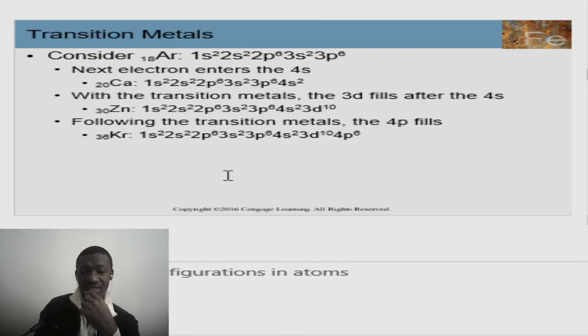There are transition metals too, because they are all part of the periodic table. So you have an example here of argon, and it's 18. You see it goes up to 18. The first three give 10, and the last two are 2 and 6, which totals up to 18. And then you have calcium too.